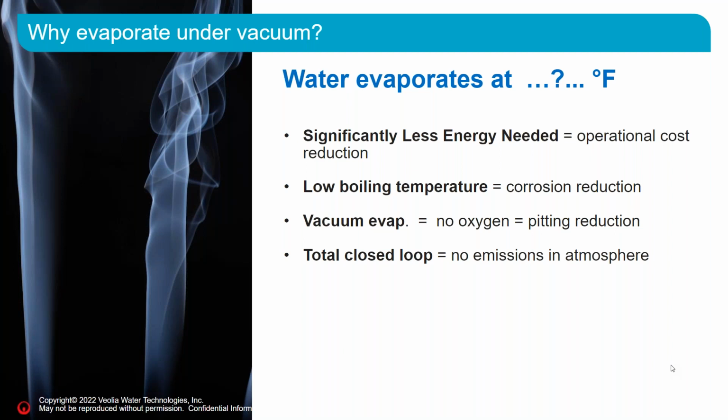There's a distillate stream and a concentrate stream off the system, but no emissions from either a heating application, where you'd run natural gas or something else to generate heat, or any of the evaporation byproducts. Everything is collected in a closed loop.